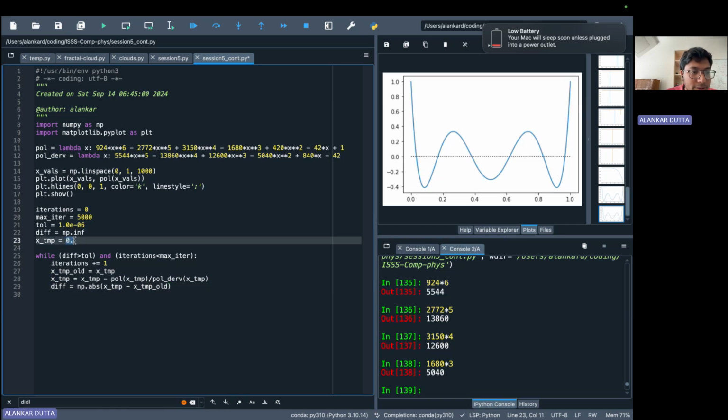And this is the initial guess that you have. The first guess will be 0, so we start at 0 and try to move in.